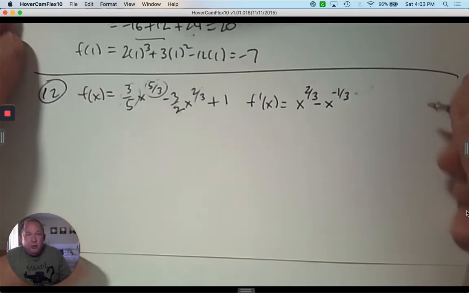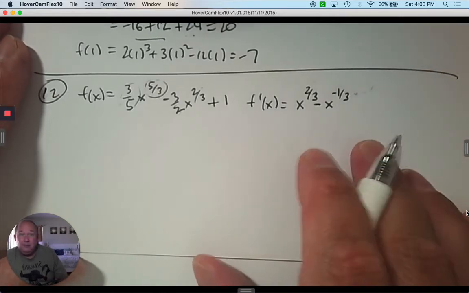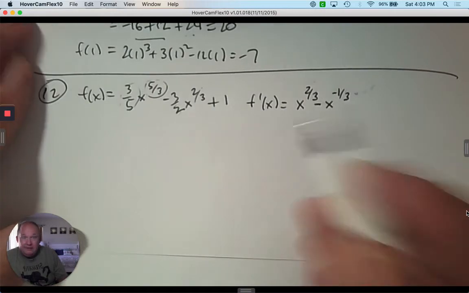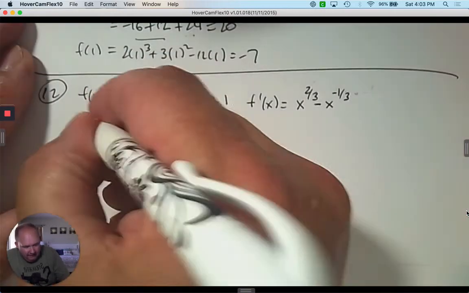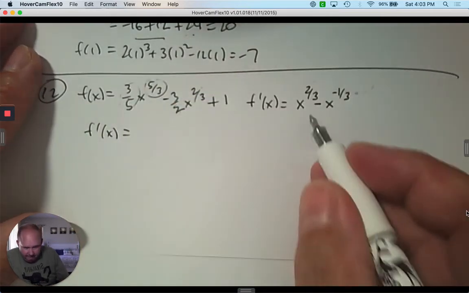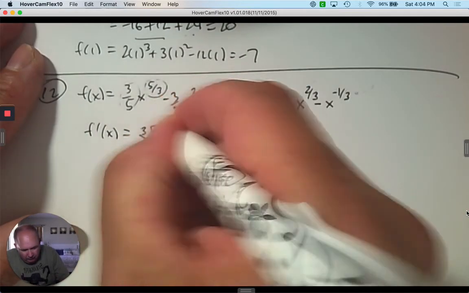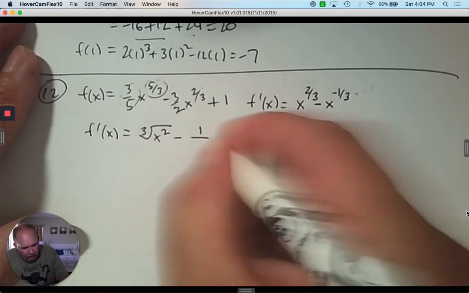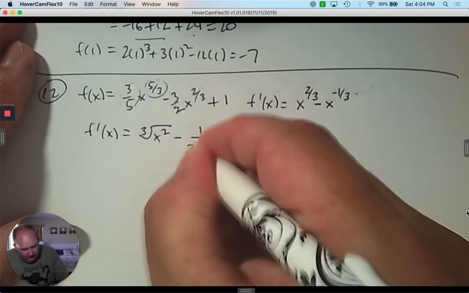Next, I need to find the critical values. Now, I already know one critical value. In fact, if we change this, this is very calculus friendly. To be more algebra friendly, I'm going to not write it with fractional exponents. So this is the cube root of x squared, and this is 1 over the cube root of x.